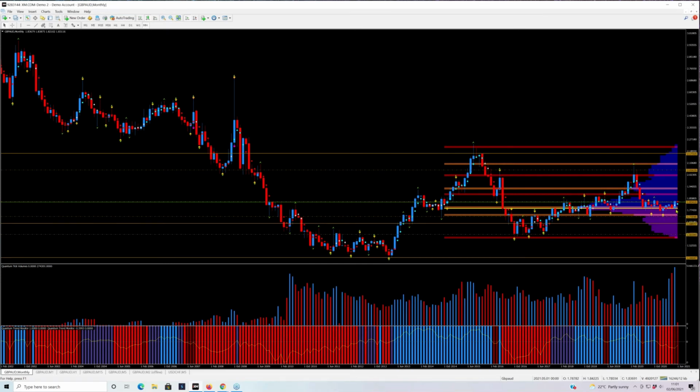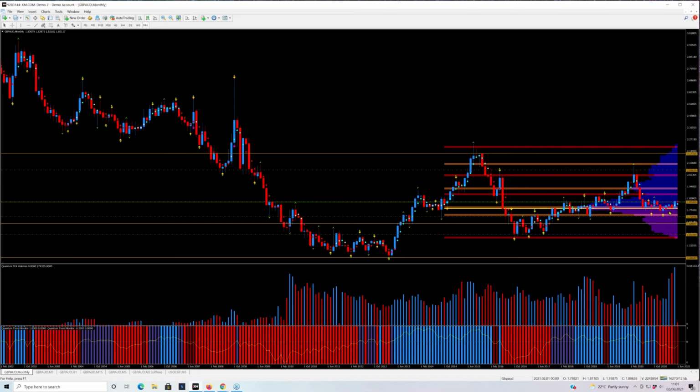The interesting thing about last month, compared with the volume that we saw on cable, is the ton of volume that went underneath that candle, which is absolutely monster. And you think, oh my goodness, but in a way it's good, but you would have expected the candle to be much taller, a wider, deeper range.